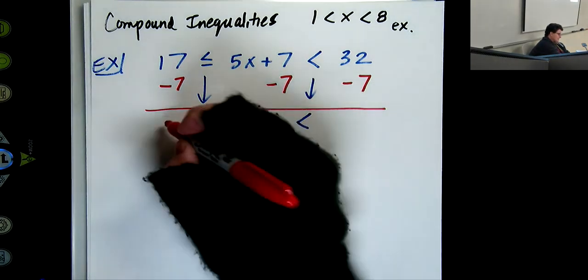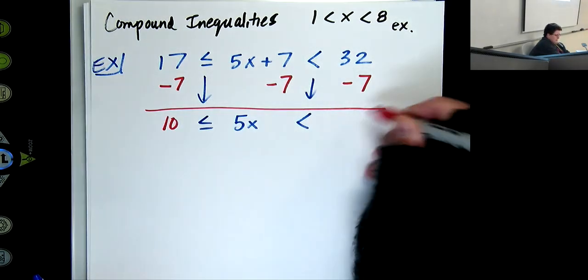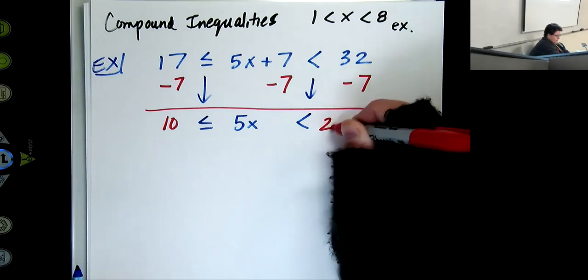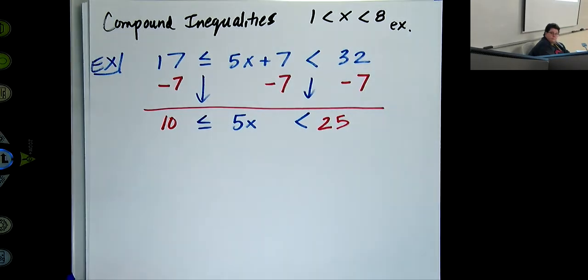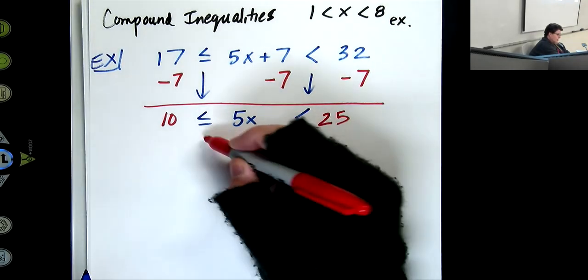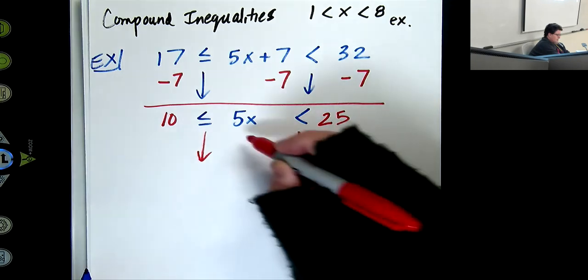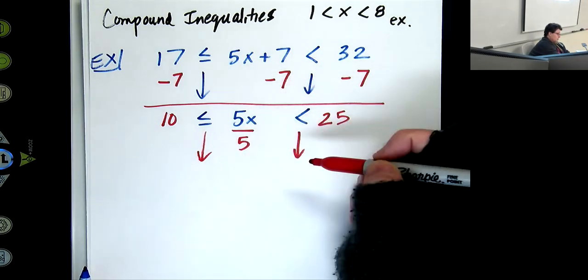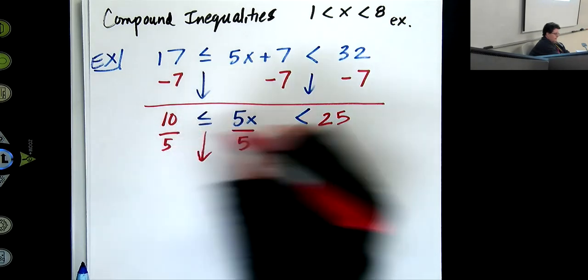17 minus 7 is 10. 32 minus 7 is 25. And now, if I want to finish it off, I need to divide the middle one by 5, which means I need to divide everything by 5.